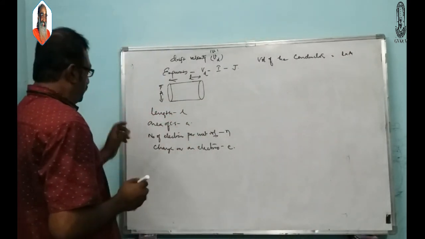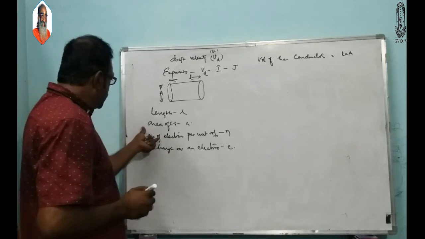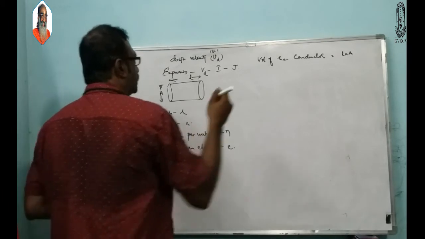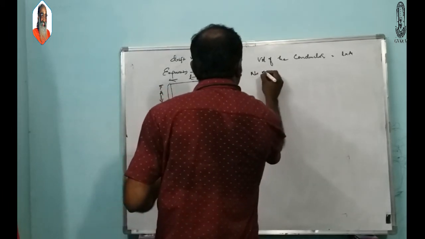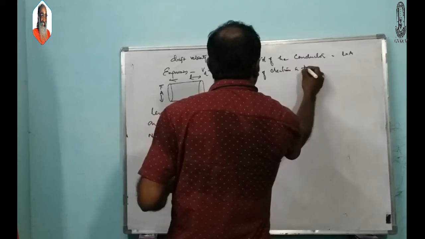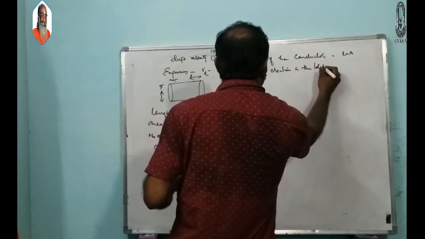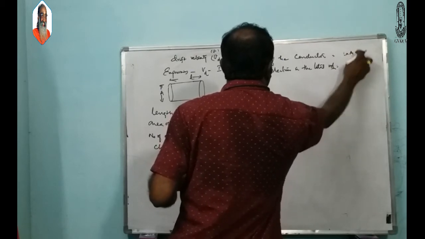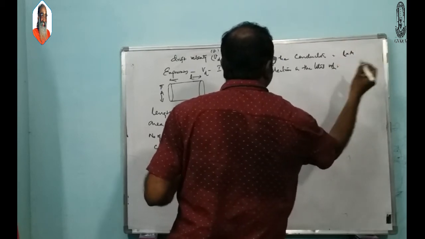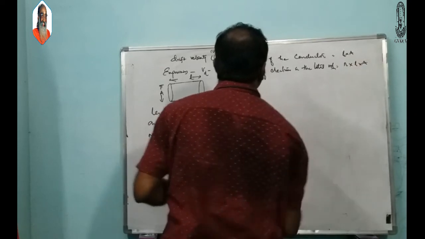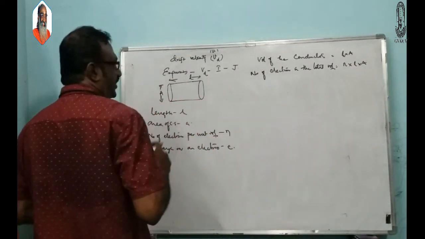For unit volume there are n electrons, so the number of electrons in the total volume is n into L into A. Now let us find the total charge.